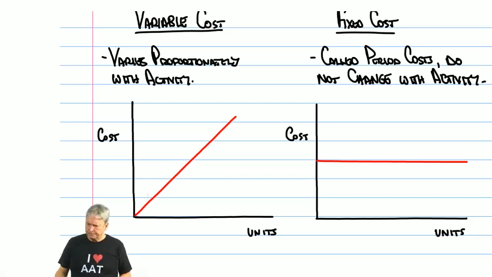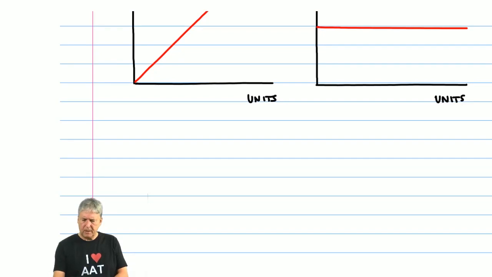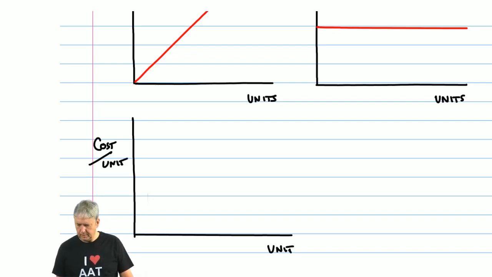Okay? So, if we're looking at our variable cost here, let's just go one step further. And say, well, what could you say about cost per unit in relation to the number of units.